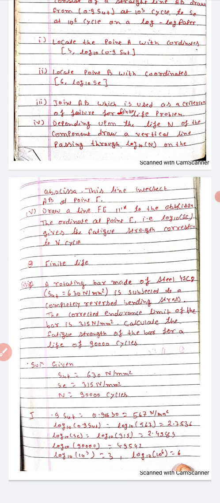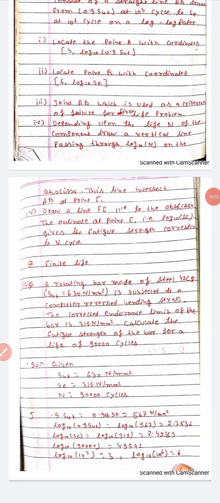I am telling you to write this a number of times, because if you have the habit of writing it, you will not need to read the question again and again for the values.